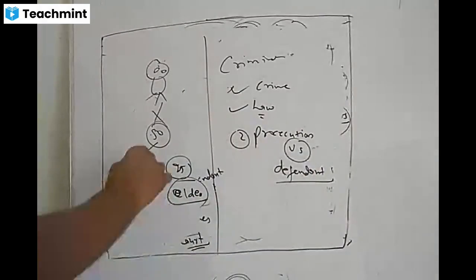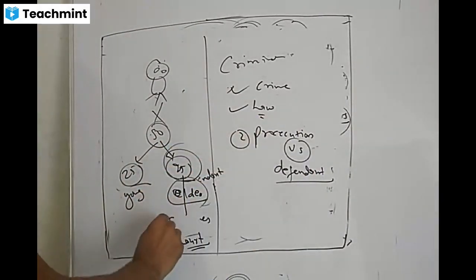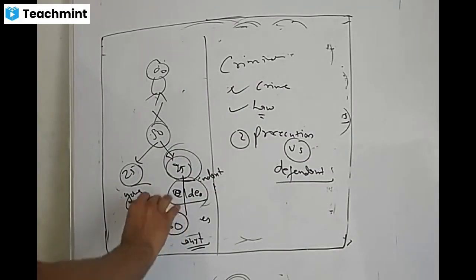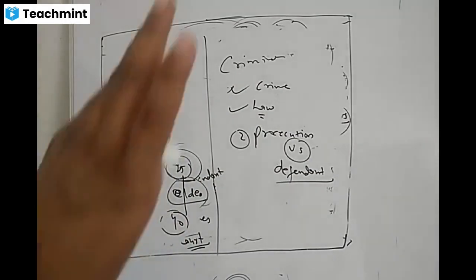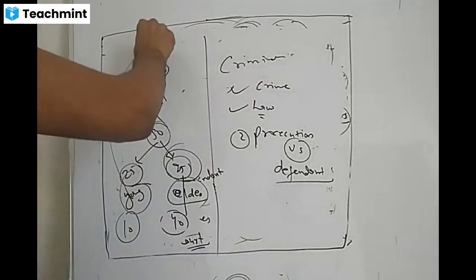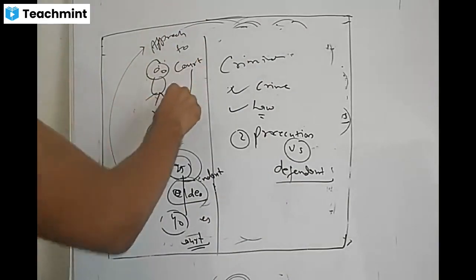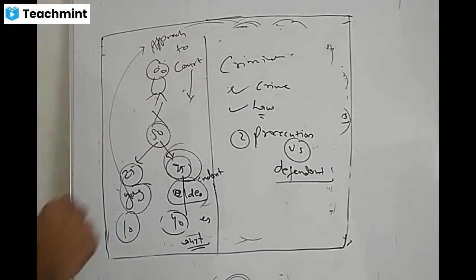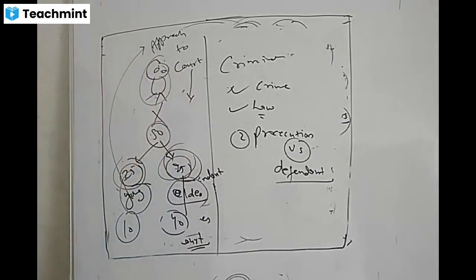Suppose intentionally the elder brother takes 60, or not 60, let's say 40, and gives 10 to the younger. Then in that case, the younger brother may approach the court for justice, for the equal distribution of property, for the equal right on the parents' property.